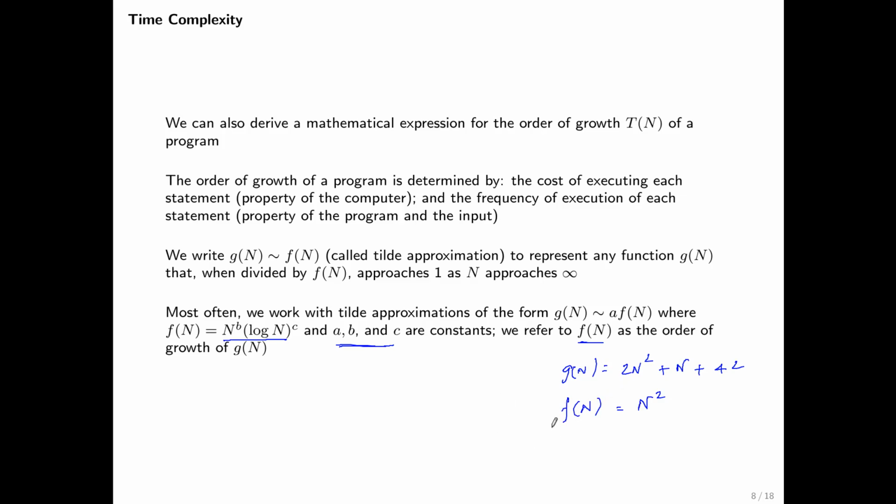Because in this case we are writing g of n as 2 times f of n, where f of n is simply n squared. So we're going to say that n squared is the order of growth in this case. So what is the bottom line?